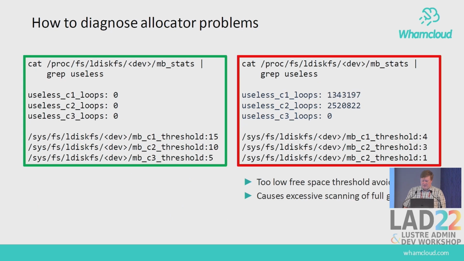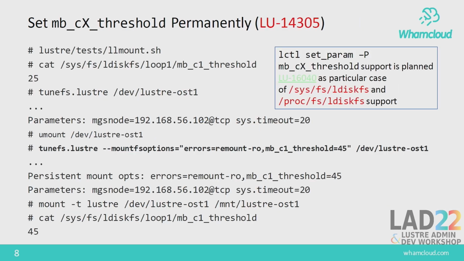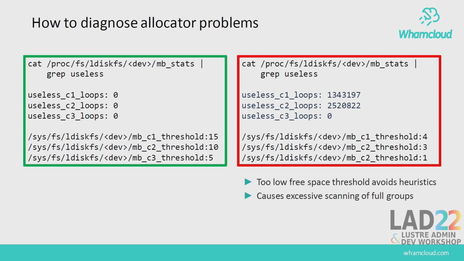And so you can see for the tunings here for the CR1, CR2, CR3 thresholds, you can see when that is needed, right? There's the mb_stats, the multi-block statistics. You can see that, in the left case, it has this useless loops counter. And in the right case, you can see these thresholds were tuned too low, at 4% free space, 1% free space.